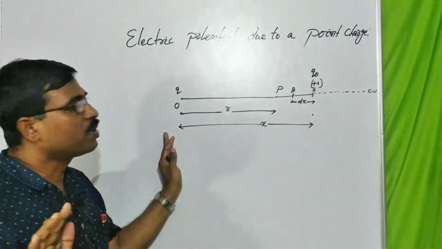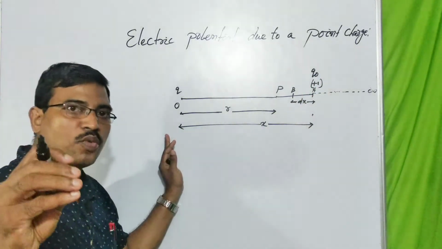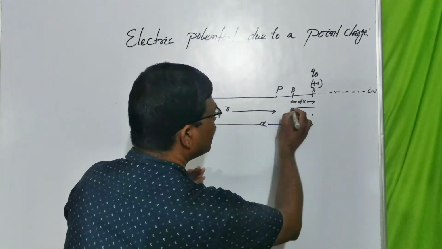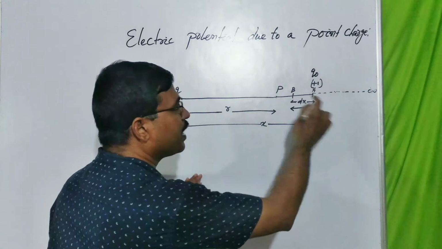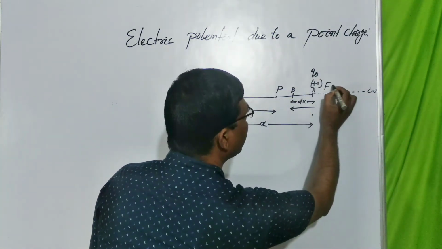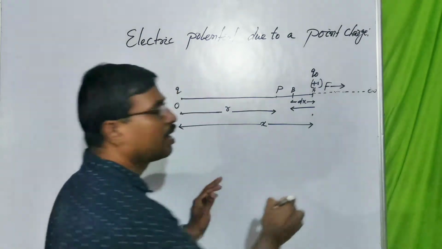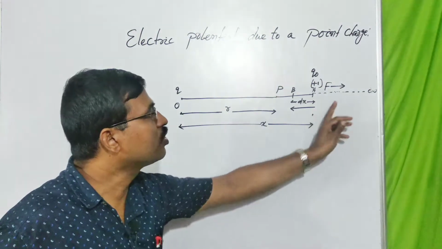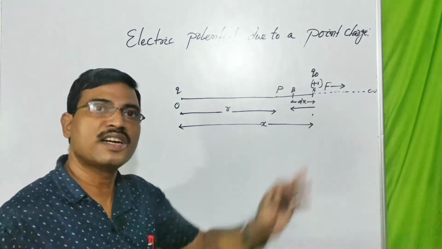I am repeating now, this is most important. The charge is coming from infinity to P, and it is moving against the electrostatic force. The force and displacement are anti-parallel, so the work done is negative.